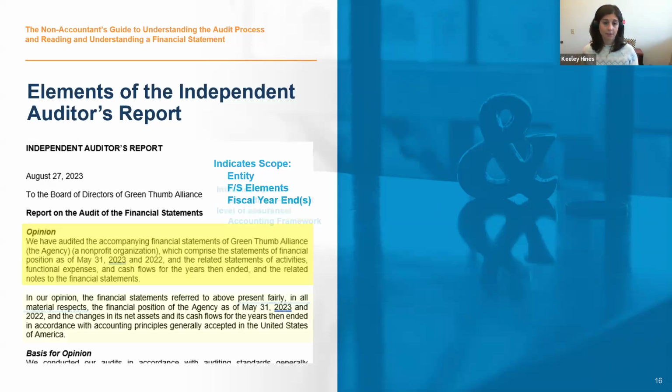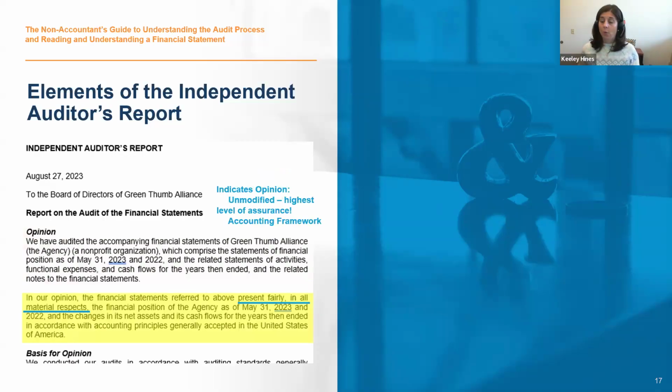Then they're going to go into, so what is the opinion, right? That's the whole objective for the financial statement, is for the auditor to provide an opinion to the reader on the financial statements. And that underlined, present fairly in all material respects, are the key words that you're looking for.